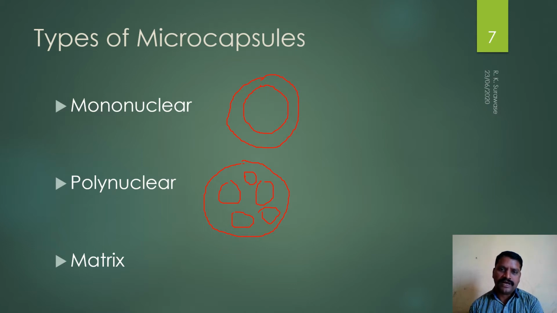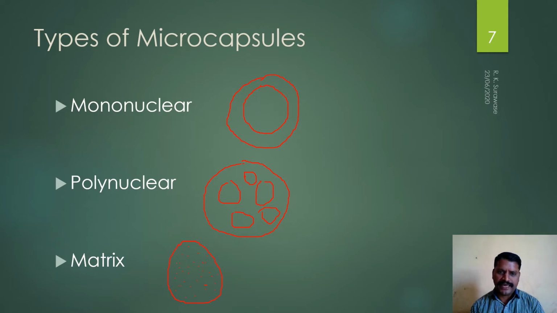This type of microcapsule is known as polynuclear. And the matrix is a combination or mixing of coating and drug material or core material, it is a matrix type. So these are the basic types of microcapsules.